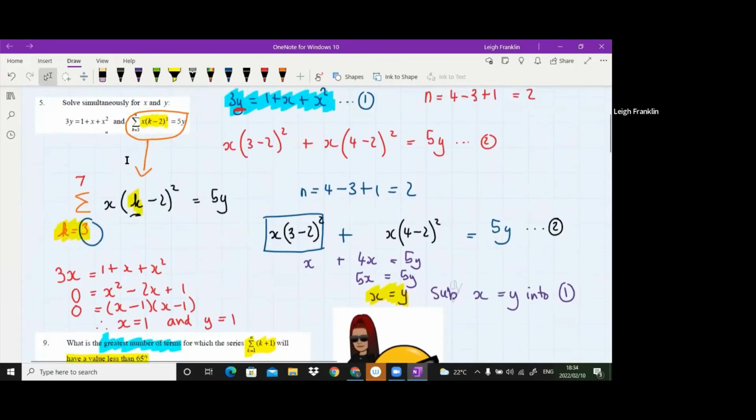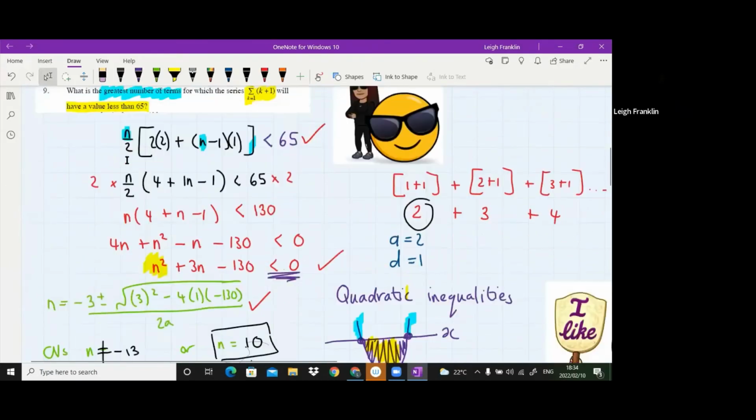What is the biggest number of terms that gives us a sum that is less than 65? If we have 10 terms, then our sum is not less than 65, our sum is 65. So if we want a sum that is less than 65, we can't have 10 terms, we need to have 9 terms. But if it said equal to, then it becomes 10.